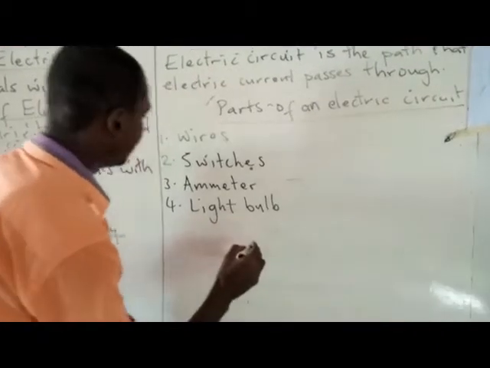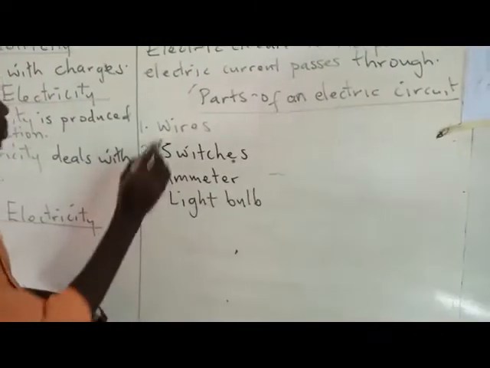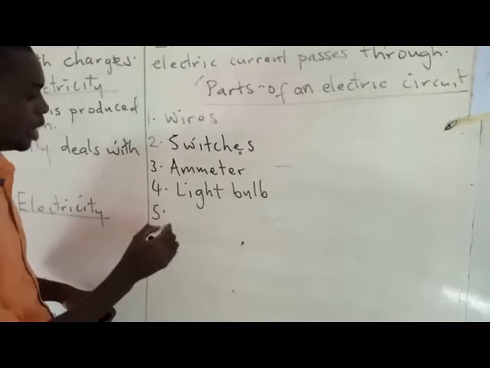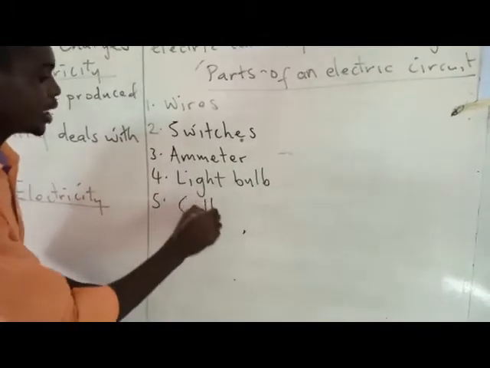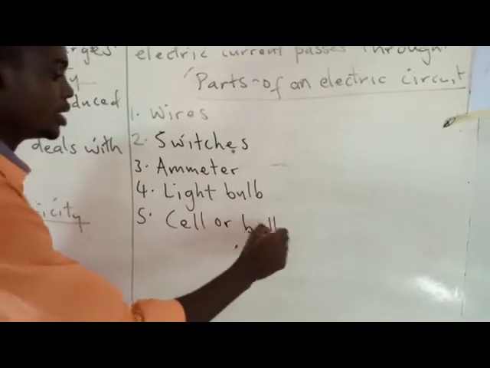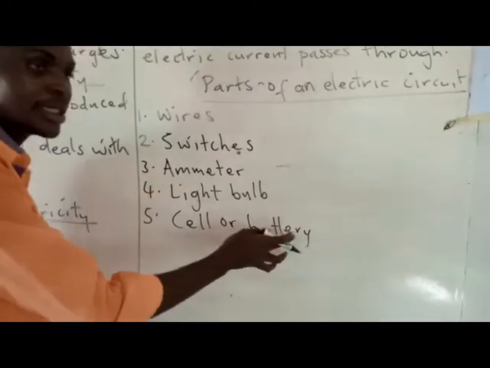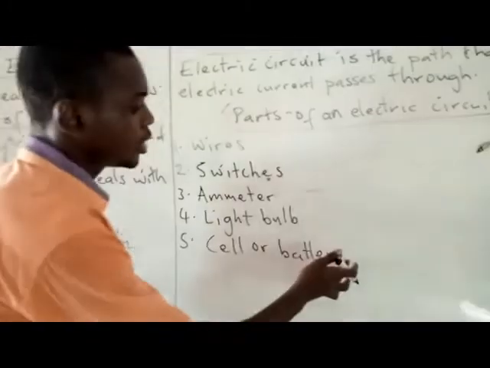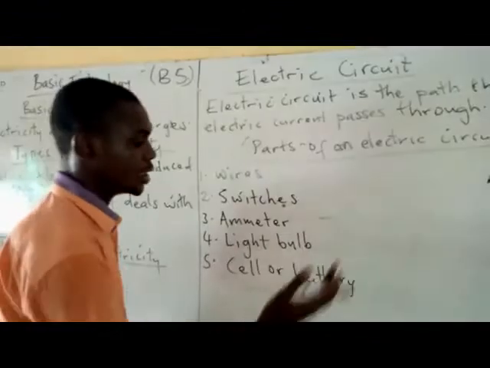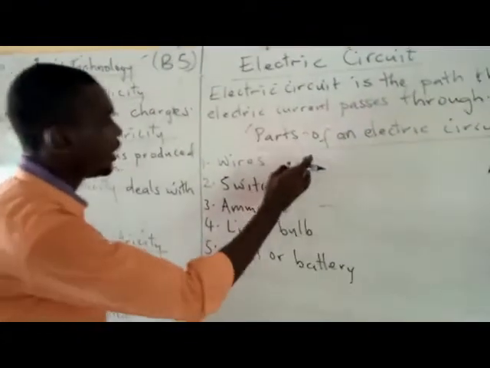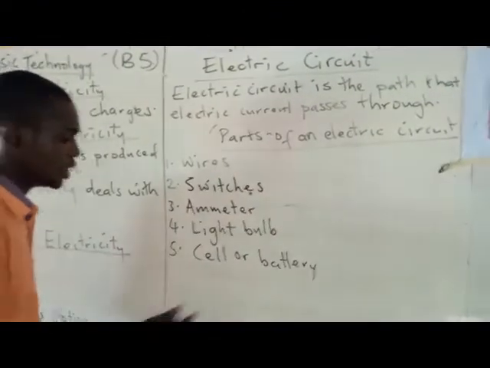Let me add one part, what we call a cell or battery. This is very important because it's the source of electricity. An example of this can even be your generating set. So we have 5 parts of an electric circuit here.